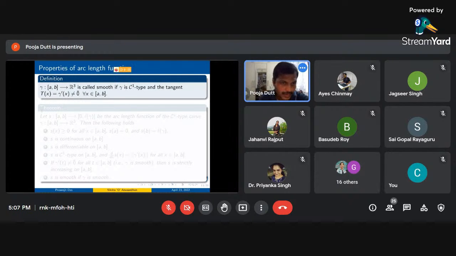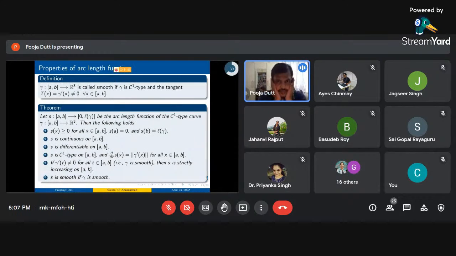Then the derivative of the curve will look like (x prime t, y prime t). So it means that x prime t and y prime t never become 0 simultaneously. If that is happening, then we say the curve is smooth, provided it is C1 type. So C1 type and tangent always non-zero will be called a smooth curve.